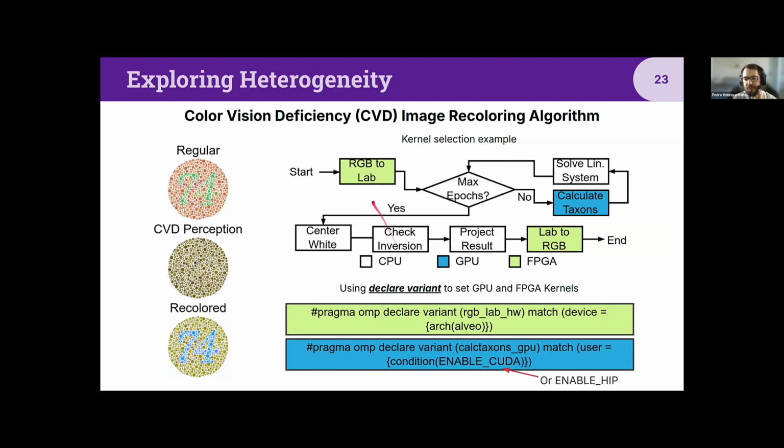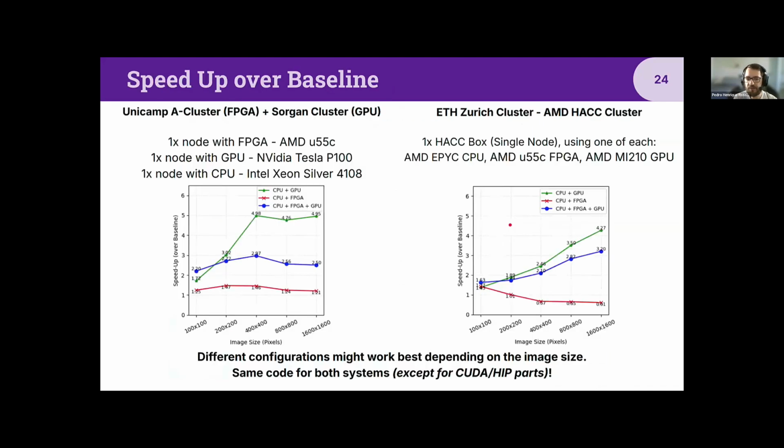using the declare variant, we try to set different scenarios here. For example, only using CPU, or using CPU plus GPUs, or using CPU plus FPGAs, or using both. All those 3 ideas here. And we did this on the Unicamp cluster.